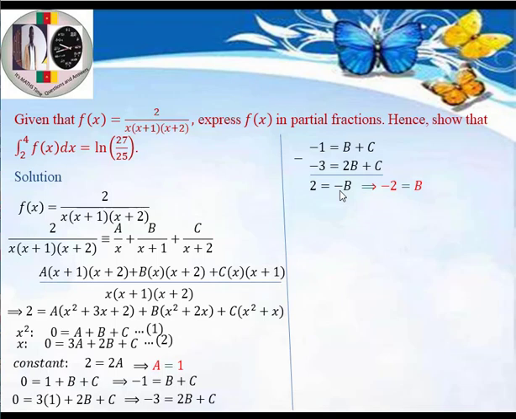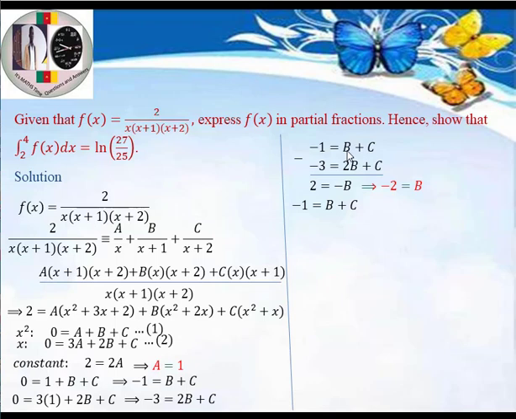When we take this value of b equals -2 and we substitute in any of these two equations, we are going to have the value of c. So let's substitute into this first equation. We are going to have -1 equals b plus c. So instead of b, we should have -2 because we know the value of b. So let's substitute it there.